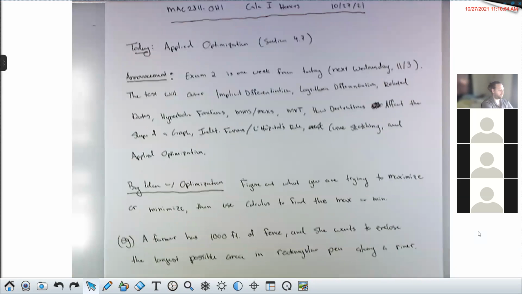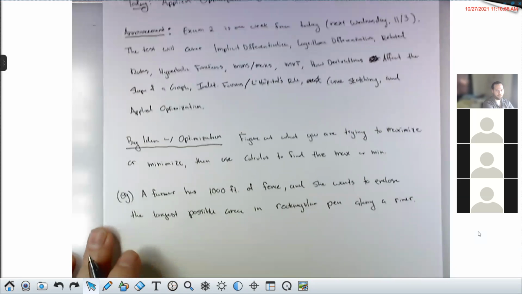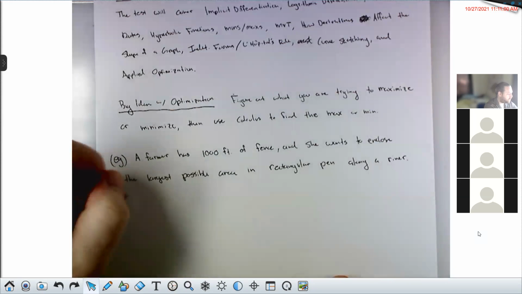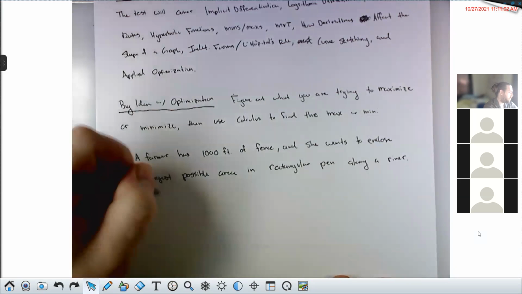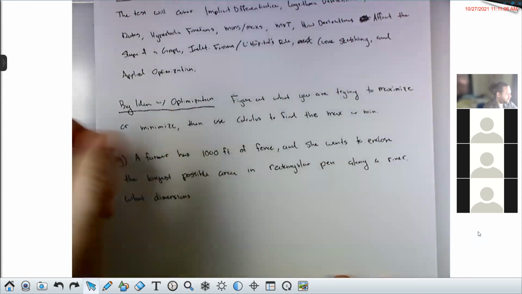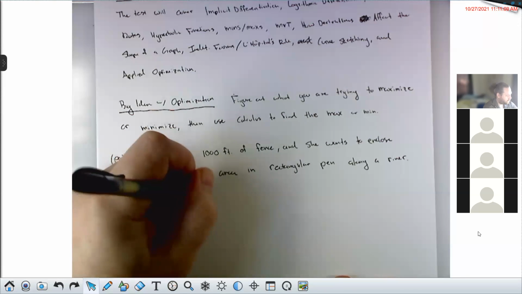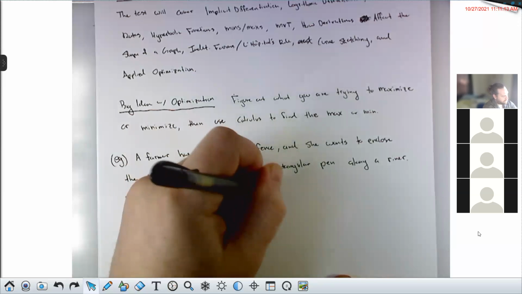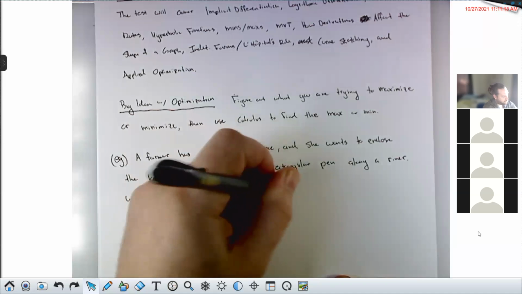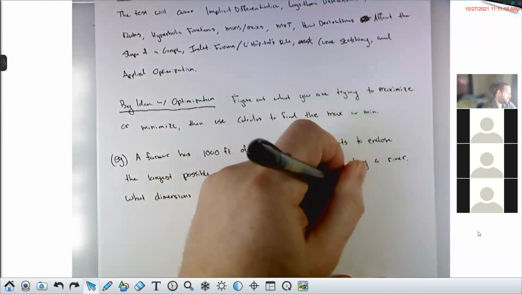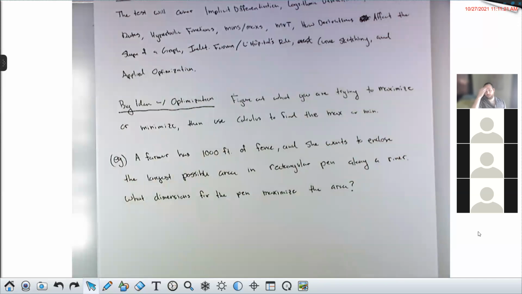So the side with the river doesn't need fencing because the cows or whatever are not going to go swimming across the river. What dimensions for the pen maximize the area?